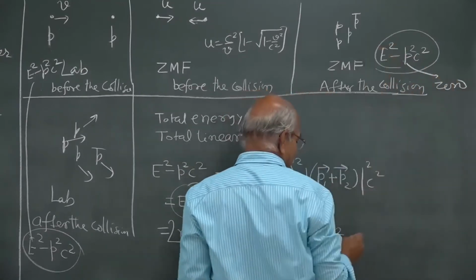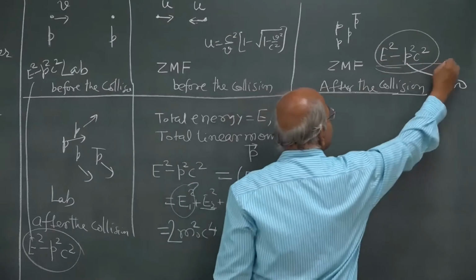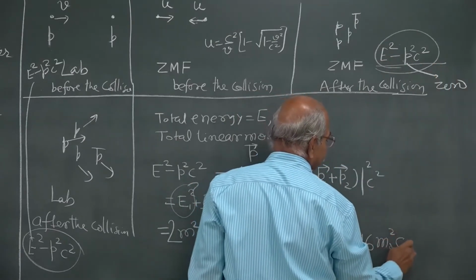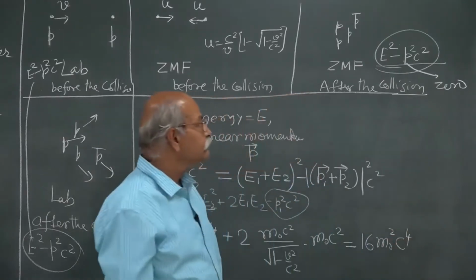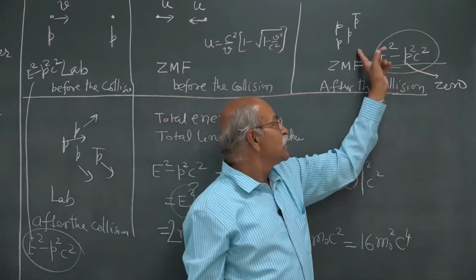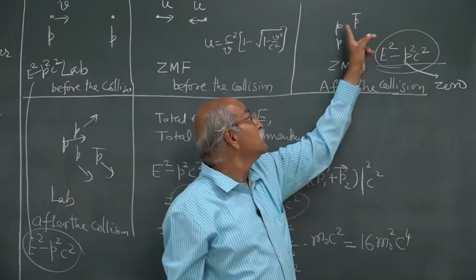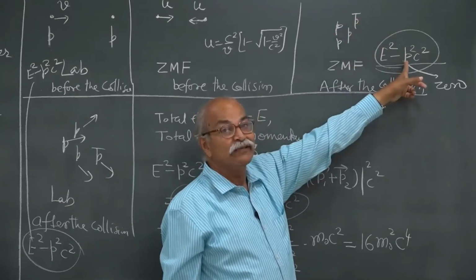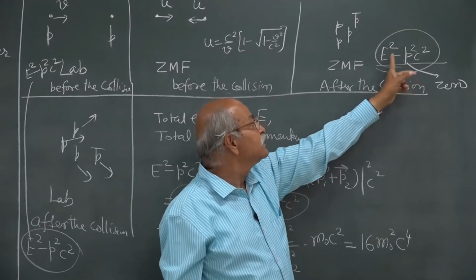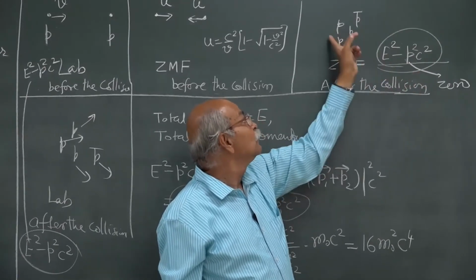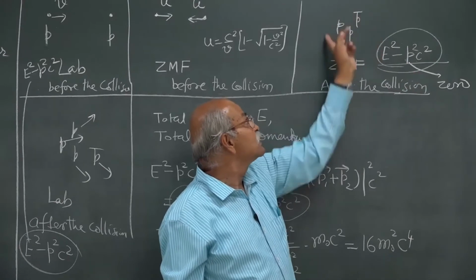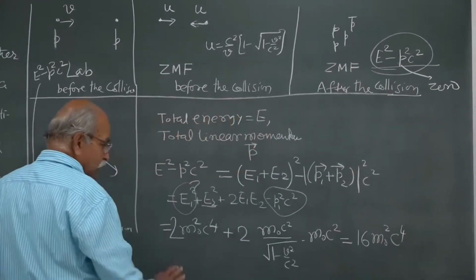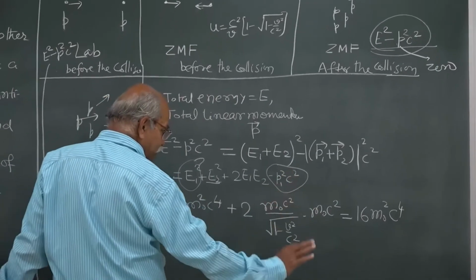So, it is just E square, and hence this whole quantity is 16 times m naught square C4, right. None of these 4 particles is moving, and therefore P is 0, and hence E is simply 4 times m naught C square, and E square is 16 times m naught square C4. And now you can do the algebra very simply.